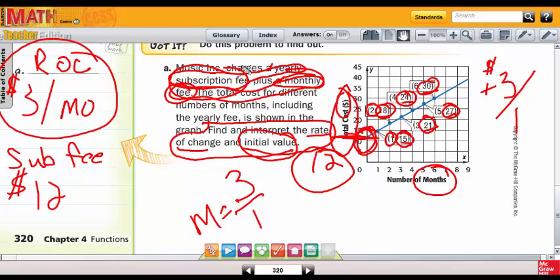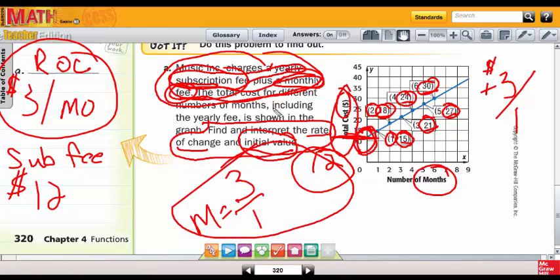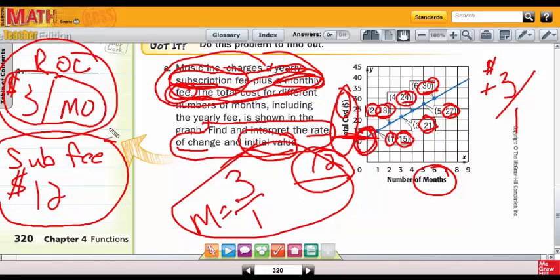And then use the first statement where they told you we were looking for yearly subscription fee and monthly fee, and now put these words in a sentence that uses that data in order to add value to what you're saying. So in other words, it's not just 3. We're not just going to say 3. We're going to say $3 per month. And we're not just going to say the initial value is 12. We're going to say the subscription fee, the upfront fee, is $12.